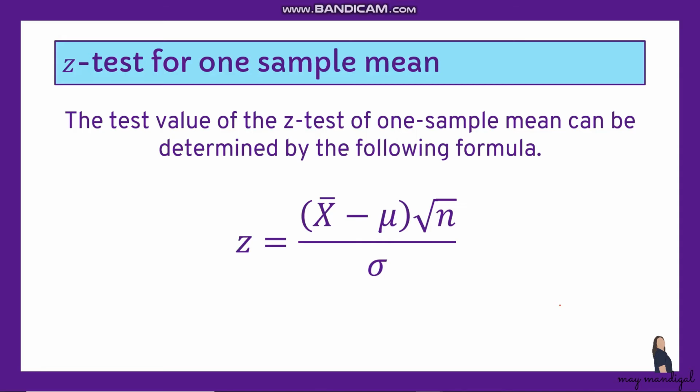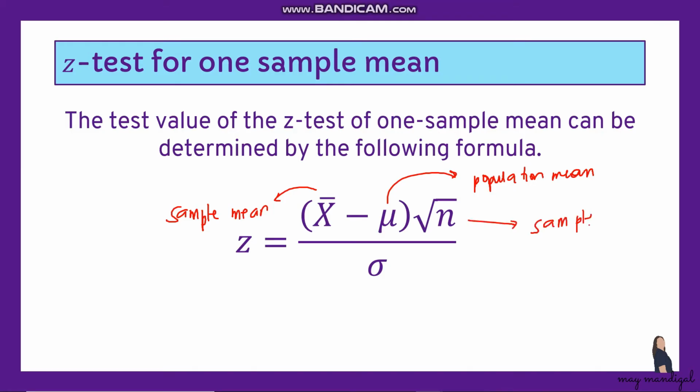For our test value, we can compute it using this given formula. We have here z is equal to x bar, where x bar is our sample mean, minus the population mean, divided by the square root of our sample size, and of course, the population standard deviation.